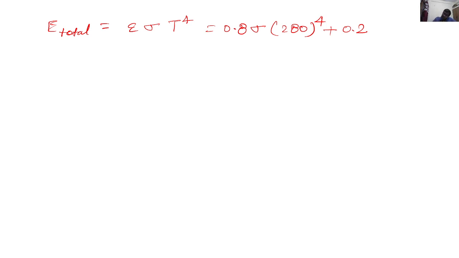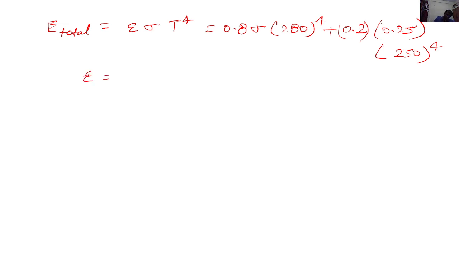So it's the transmission from the bottom cloud, times the emissivity of the top cloud, times the temperature of the top cloud to the power 4. It's as simple as that.